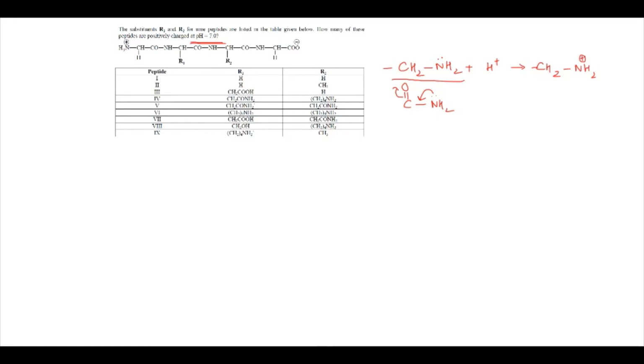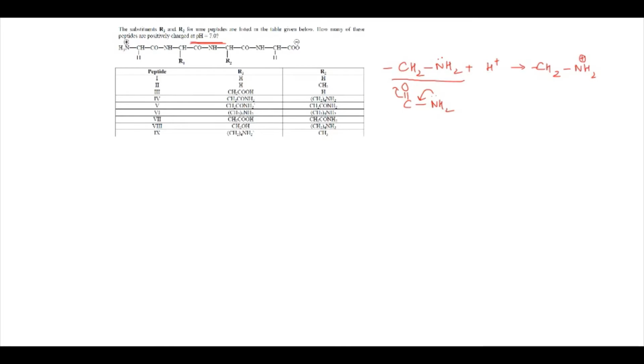So look here, in 1 we have hydrogen, so there is no CH2NH2. In 2 also we have H and CH3, no CH2NH2. In 3 also we have CH2COOH as well as H as R2, so there is no CH2NH2. In option 4 we have CONH2.